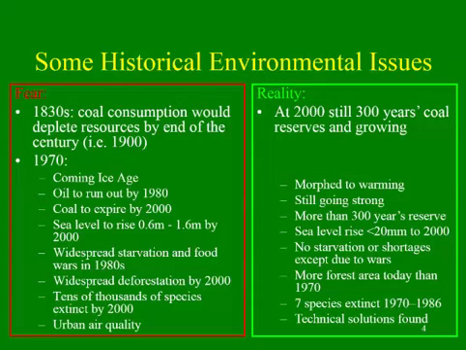At that time, there were also concerns for widespread deforestation and the early enunciation of what has become known as the problem of species extinction, where it was estimated that at least tens of thousands of species would be extinct by the year 2000.